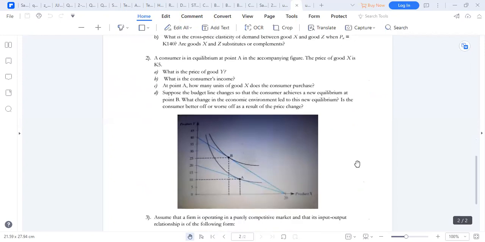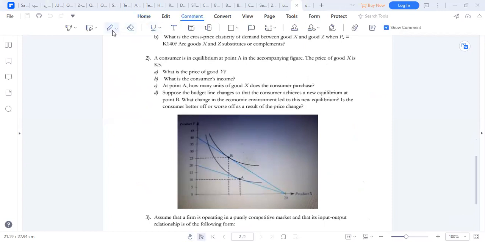So now let's go to the overnight test, which came last semester. We're told that a consumer is in equilibrium at point A in this figure here, the price of good X is 5 kwacha. What is the price of good Y? Equilibrium is at point A. Let's look at this carefully.